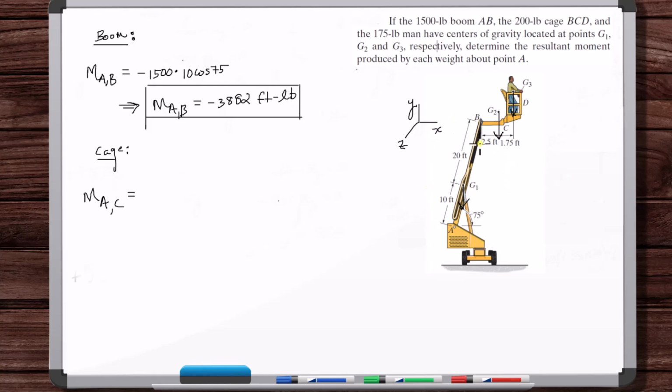So this is going to be minus 200 times 30 cosine of 75, that's this horizontal distance, plus 2.5.